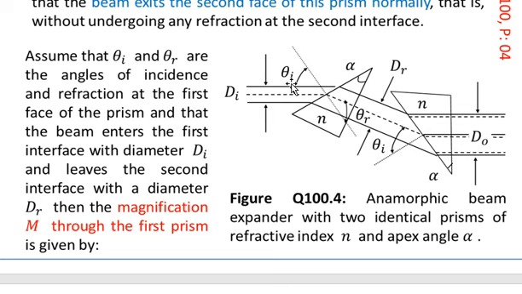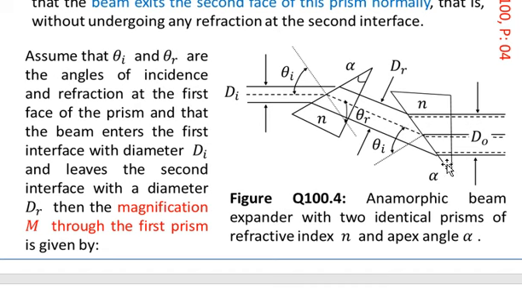So you choose theta I in such a way that the beam within the prism becomes normal to the second face of the prism. So no refraction takes place and the beam will pass straight without any deviation. And then this beam, which now has a diameter equal to dr, obviously greater than the diameter di, will be incident on the second prism.